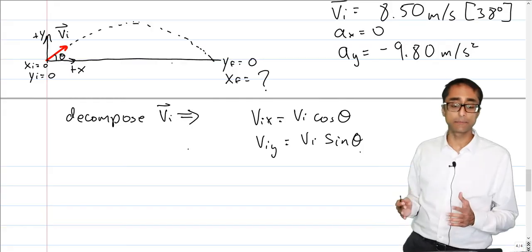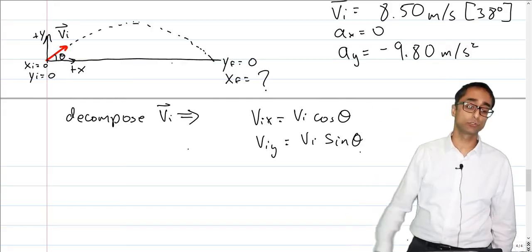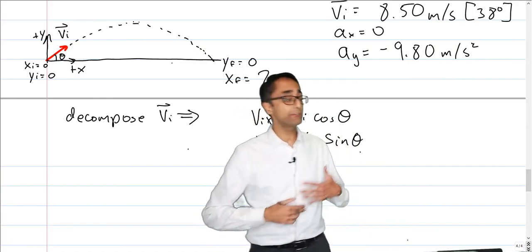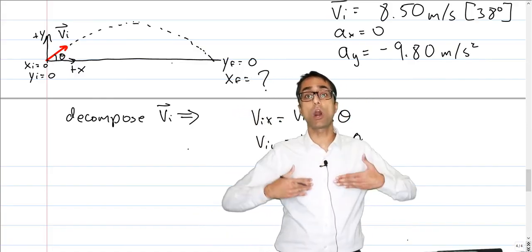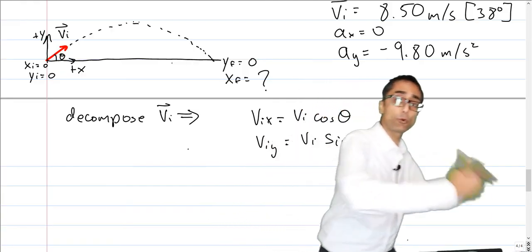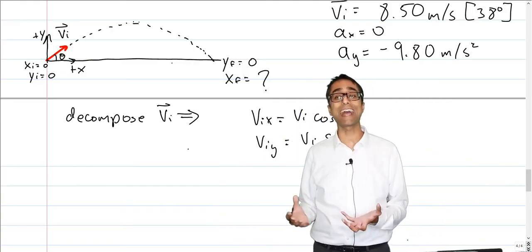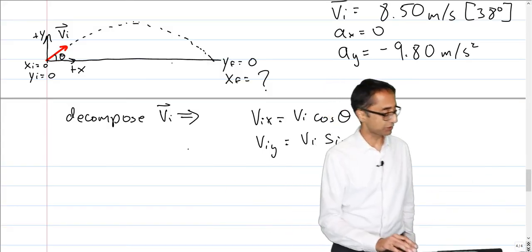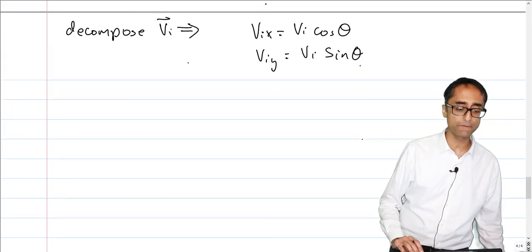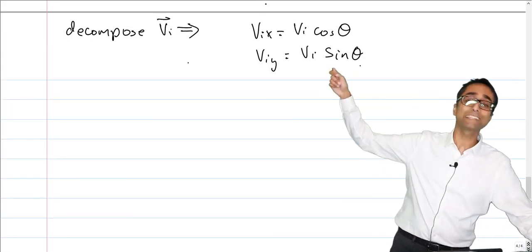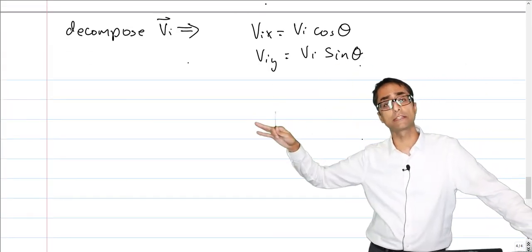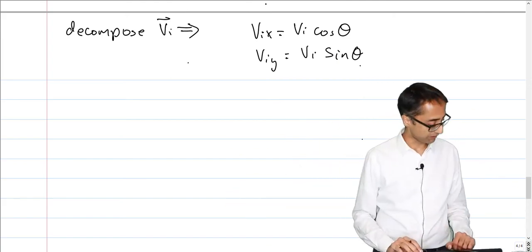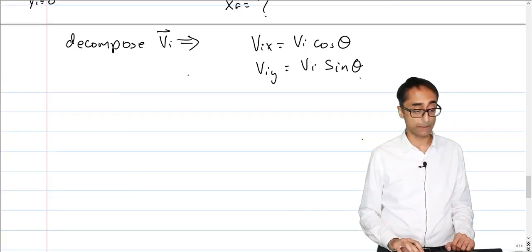Now at this time, you could calculate your values for v initial x and v initial y as numbers, and then just keep v initial x and v initial y in your equation for your algebra, and eventually at the end, substitute your final number in. That's totally fine. I think just for fun, I'm going to keep my v initial x and my v initial y as v initial cos theta and v initial sine theta. I'm not going to put any numbers in now. I'll put in the numbers at the last step. And so I'll keep it cosine theta and sine theta.